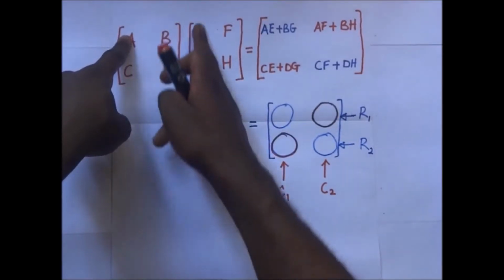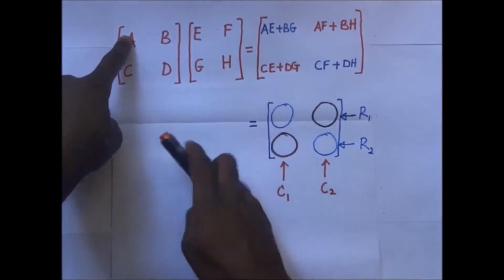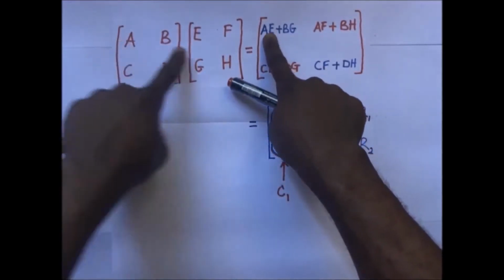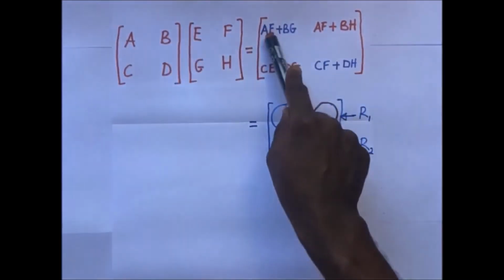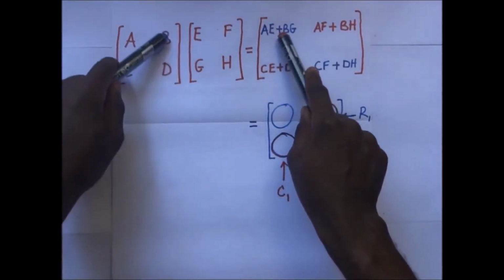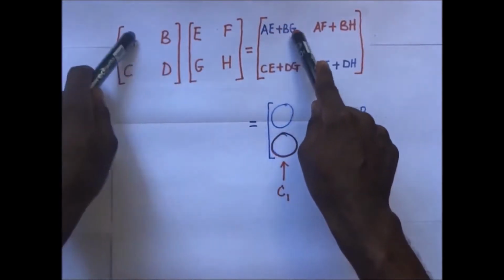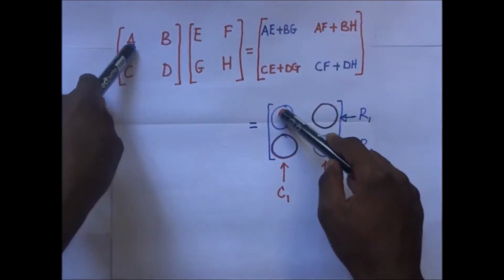So that's how it comes to being A times E, plus B times G. So A times E plus B times G gives us that answer.